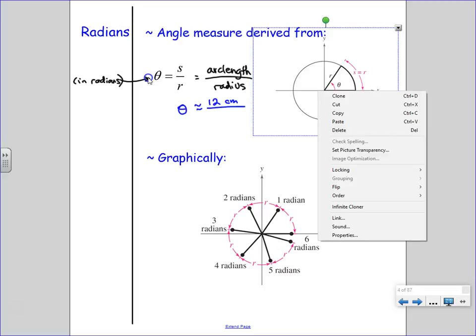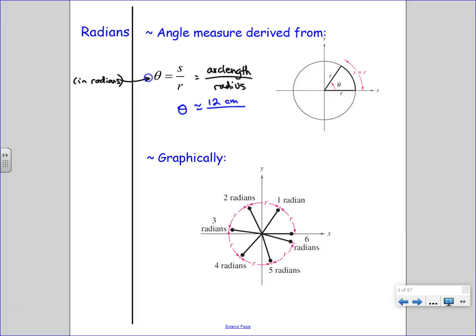Okay. Ready? How many centimeters would this be? Over 10.2. Alright, find me a decimal. Very approximate.